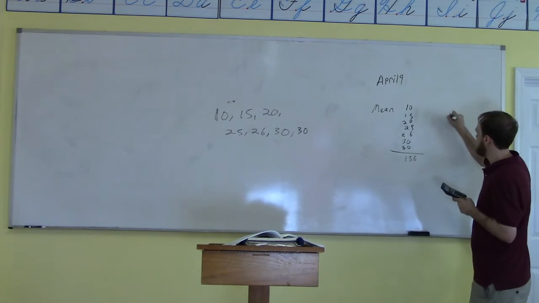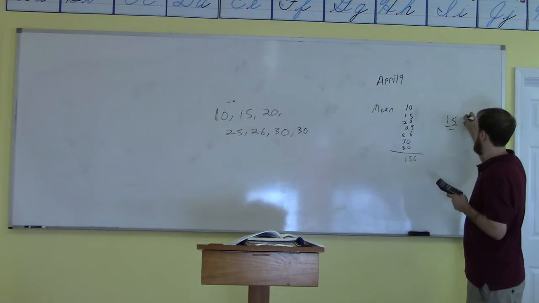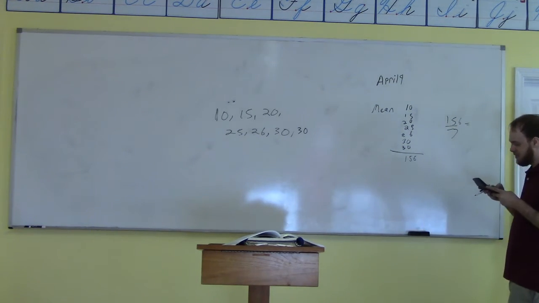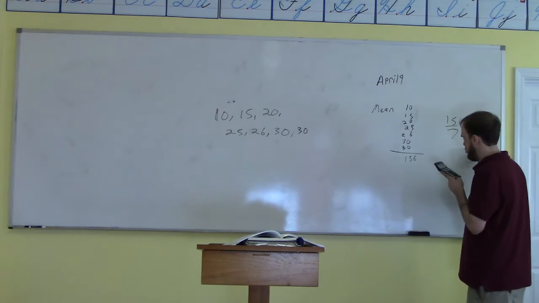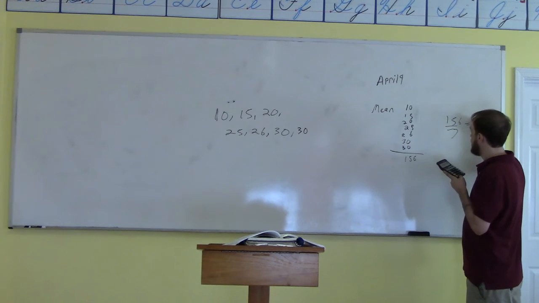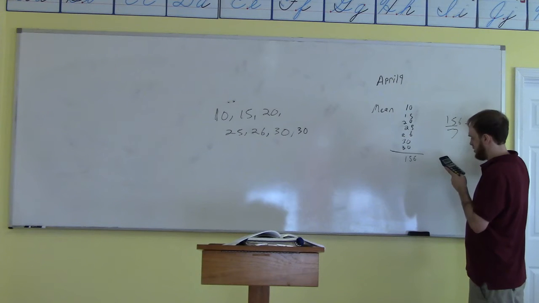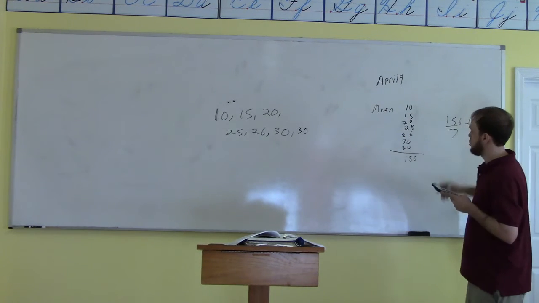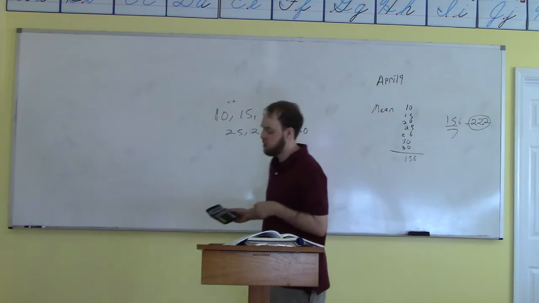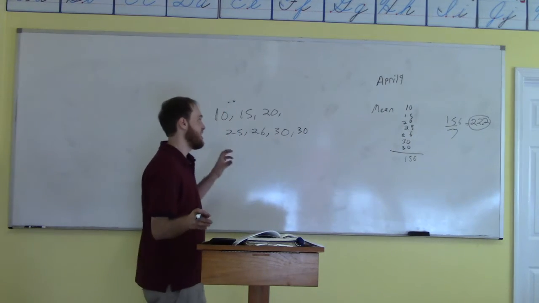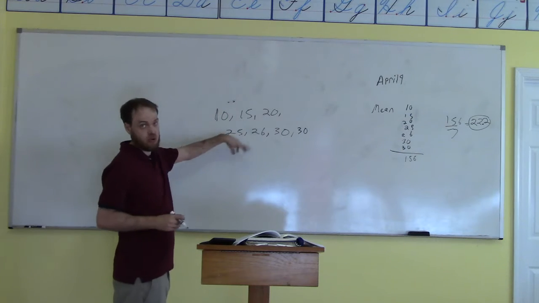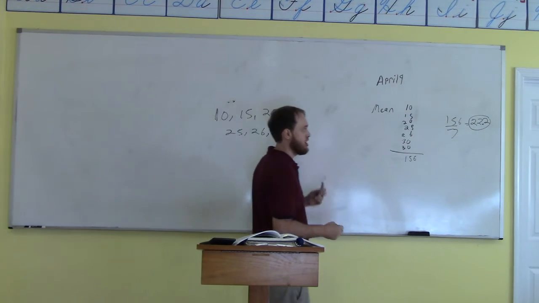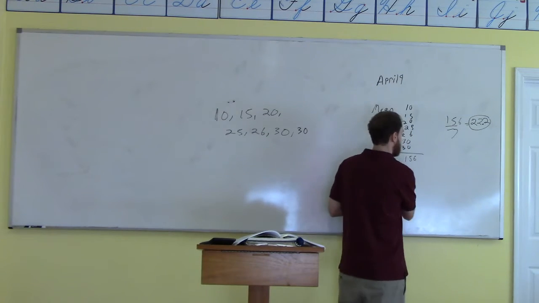So I take 156 and divide by 7, and that gives you basically 22.2. So your mean would be 22.2 for this set of data. You just add up all the numbers and divide by however many there are. In this case, there were 7, so I divide by 7.